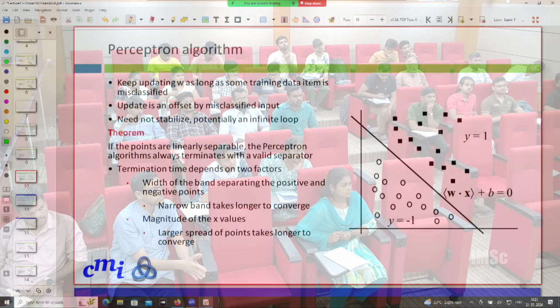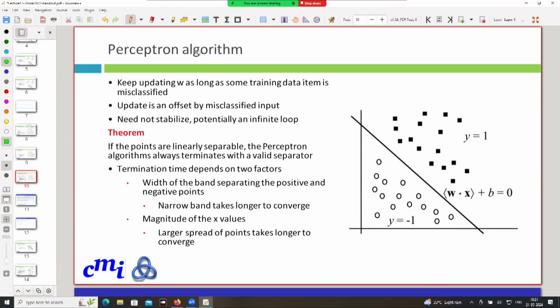You can estimate that R. Let's say you go over all pairs of positive and negative points and find the closest positive-negative pair. Oh, you said R. R is the length of the largest vector.